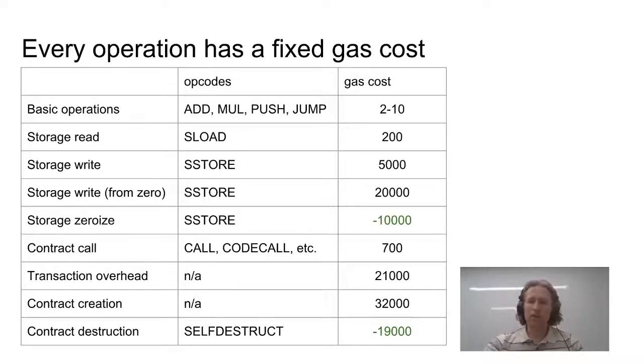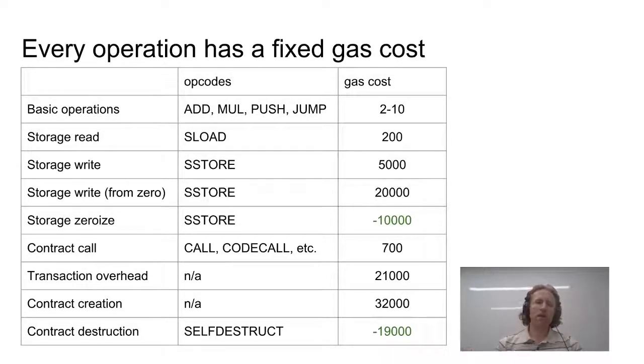Now, you'll notice something kind of funny here. There's actually some negative numbers. So some operations, in particular, zeroing a word in storage or destroying a contract, actually have a negative gas cost. And the first thing to say is that there's no free lunch. Notice that destroying a contract, the magnitude of the negative is less than the amount it costs to create a contract.